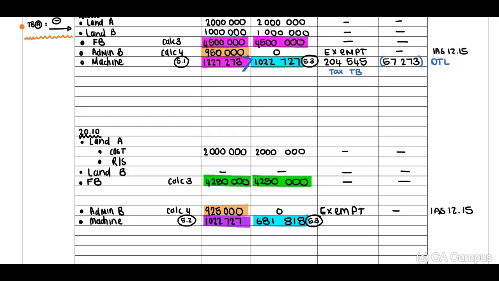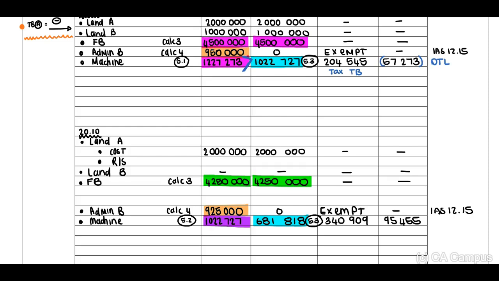Now for 2010, we need to include our temporary difference. This will be an amount of 340,909 times 28%, and this will be 95,455. Again, is this a taxable or deductible temporary difference?